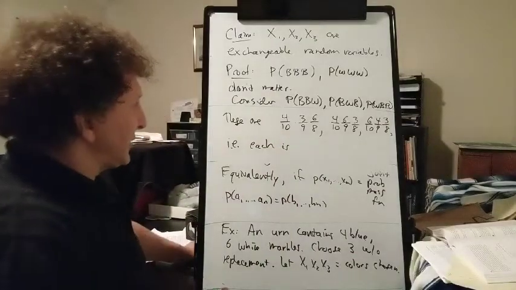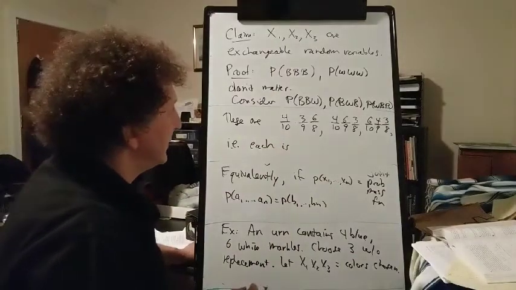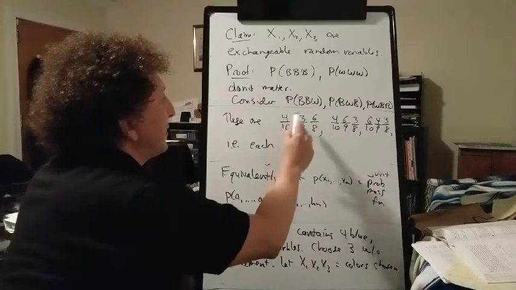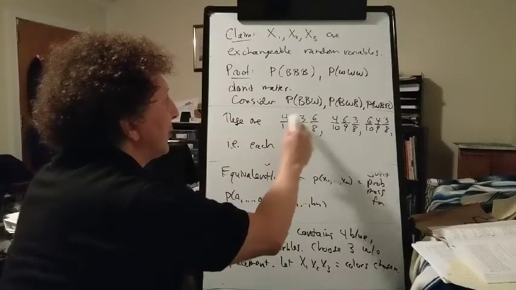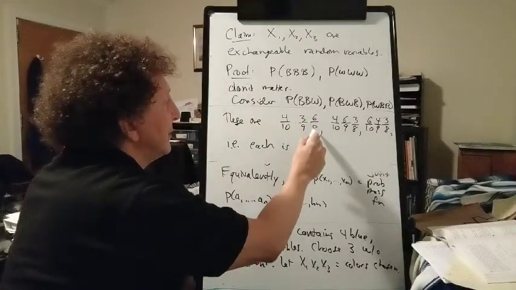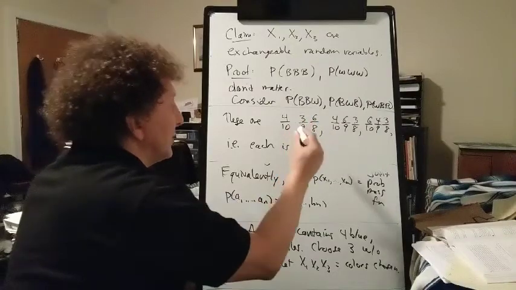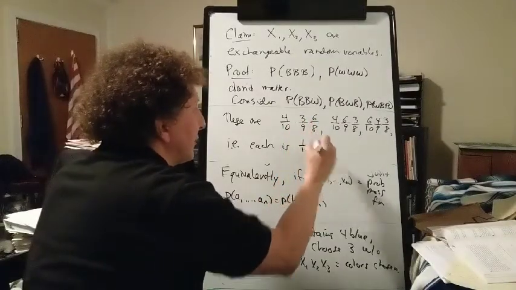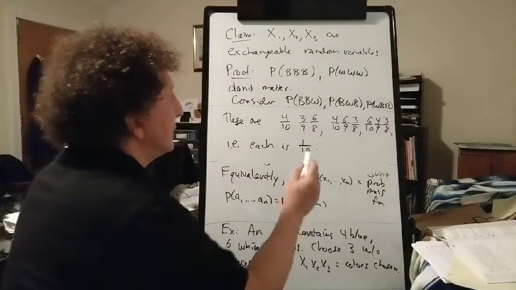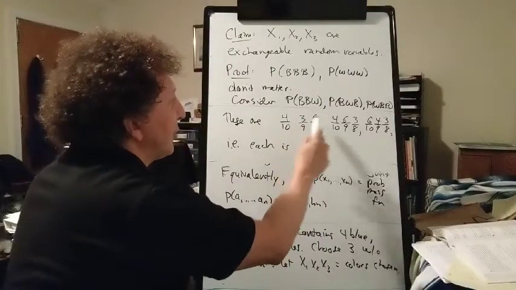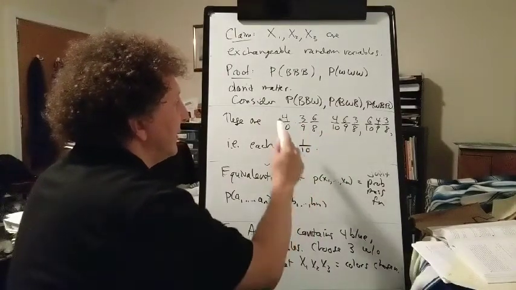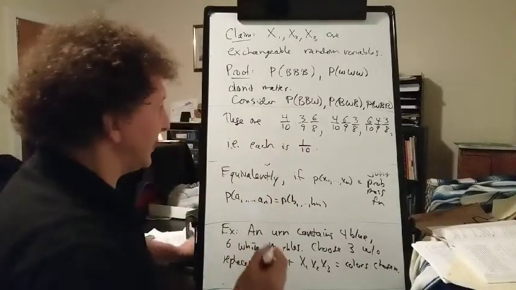If we look at these fractions, 4 times 6 is 24. 24 over 8 is 3. But 3 times 3 over 9 is 1. So each one of these is just 1/10. Again, we've got 3, 4, and 6 in the numerator, and then 10, 9, 8 in the denominator. So they're all the same.